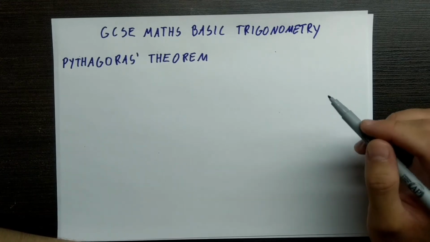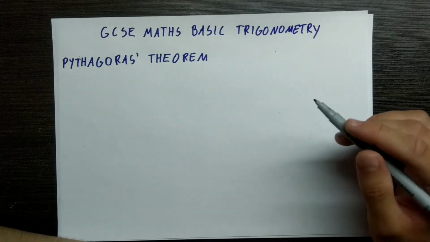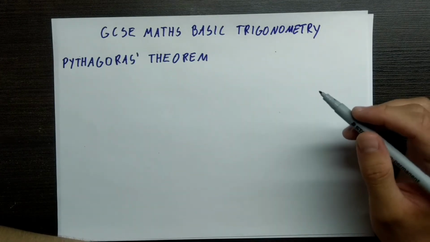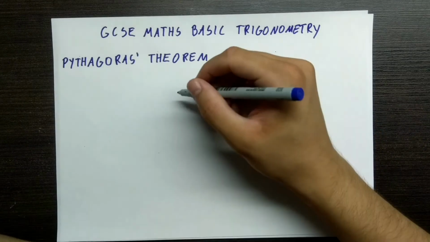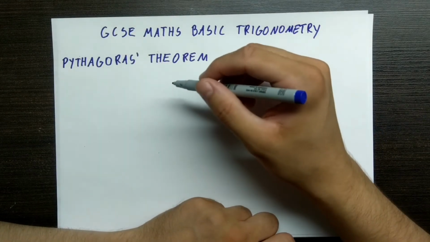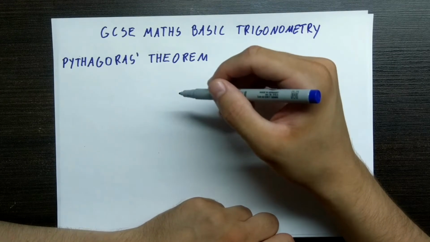Now, the first thing we need to cover is Pythagoras' Theorem. The name sounds a bit weird, but Pythagoras' Theorem was invented by the ancient Greek mathematician and philosopher Pythagoras.